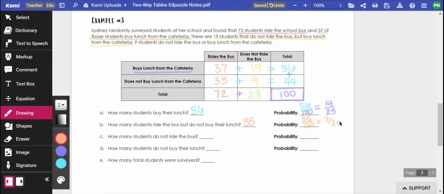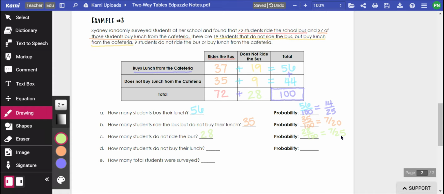And then for part C, how many students do not ride the bus? So we're looking at our second column. In total, we have 28 students. So that's going to be 28 out of 100, which reduces to 7 over 25.